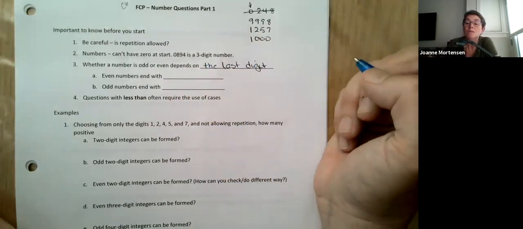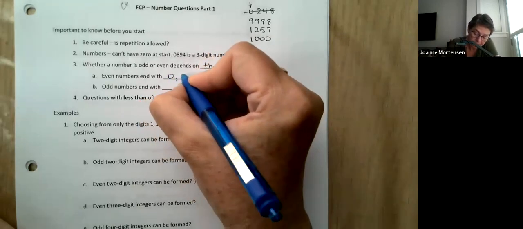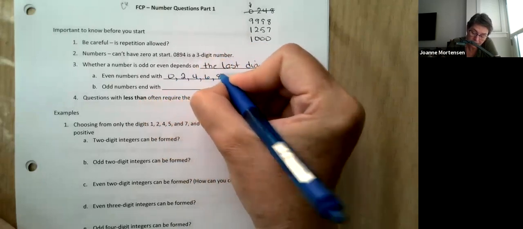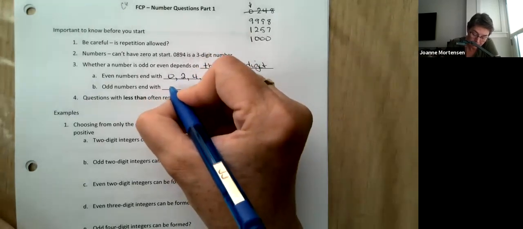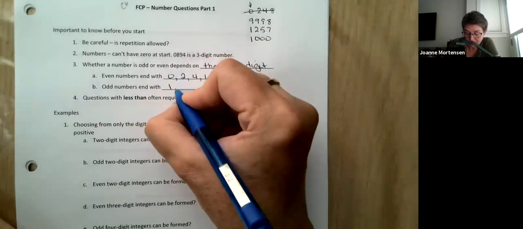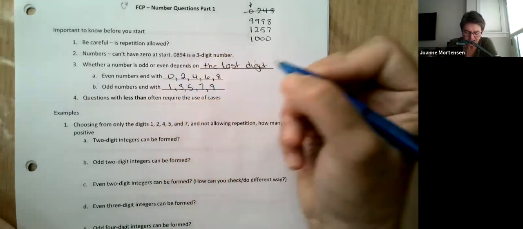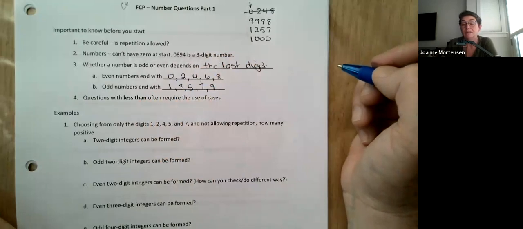Even numbers end with 0, 2, 4, 6, 8, right? They're divisible by 2. And odd numbers don't end in those, so they end in 1, 3, 5, 7, 9. It's convenient how even numbers end with even digits and odd numbers end with odd digits.